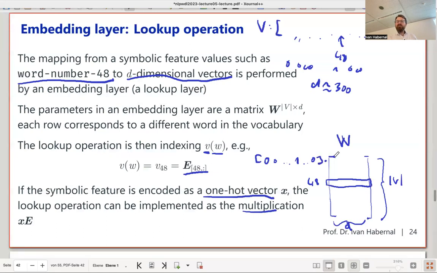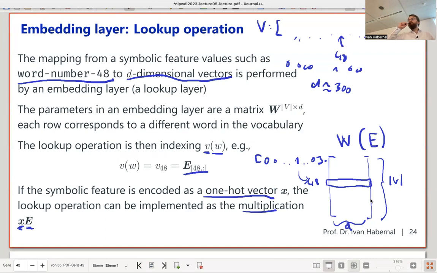If you multiply this vector by this matrix, what you're actually doing is just taking the row where this is 1. This is why the lookup operation is basically multiplying the one-hot vector by this matrix. We call it A as the embedding matrix, but conceptually it is the same as the W matrix. So you have a word, which is a categorical value, a one-hot encoding of a word, and by multiplying this by the embedding matrix, or the weight matrix, you get a dense representation of this word.